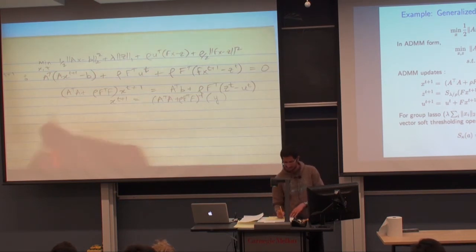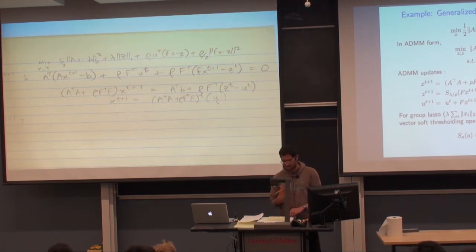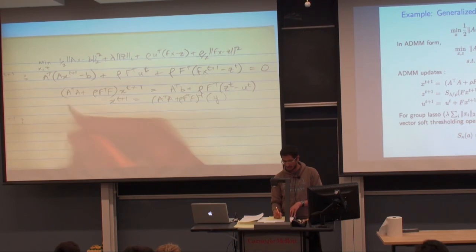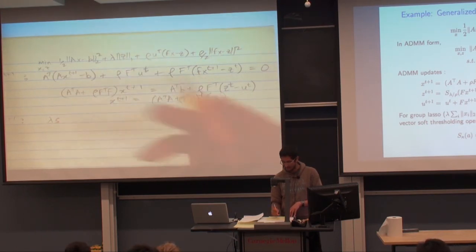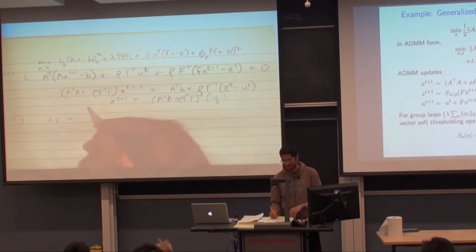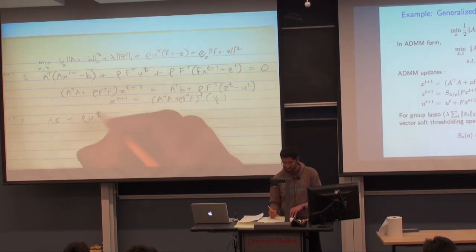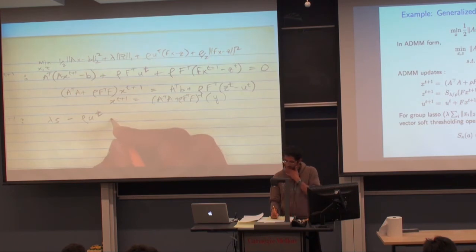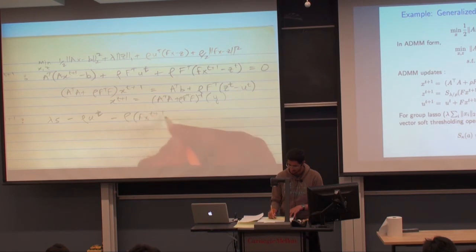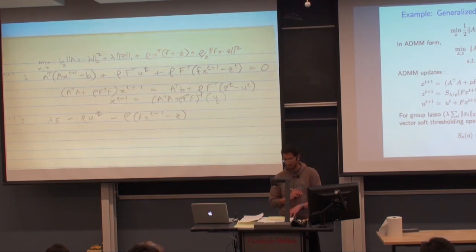Now it's exactly the same thing for z_{t+1}, right? I'm going to fix x_{t+1} and u and derive the update for z_{t+1}. So what it looks like is essentially differentiating with respect to z. I get lambda times s, where s is the subgradient of the one norm, and I get a term rho times u_t again, and a term which is minus rho times (F x_{t+1} minus z), right? And that should be equal to 0.